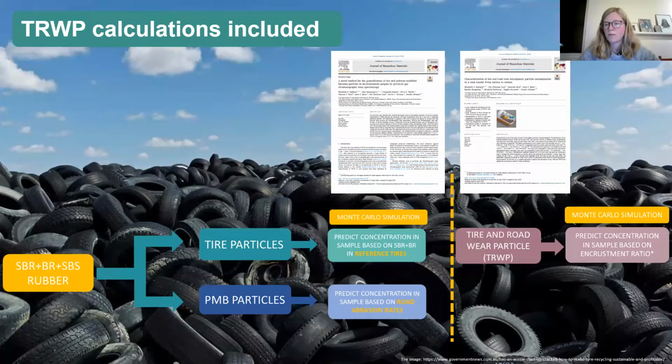However, as people start reporting more data and we know more about differences between different types of roads, for example, if you're on an urban road or highway, these mineral encrustment ratios should be different. So when we get more data, we're hoping that this type of calculation could also be improved. But we've described how we did this in this paper about tunnels that I've added here.